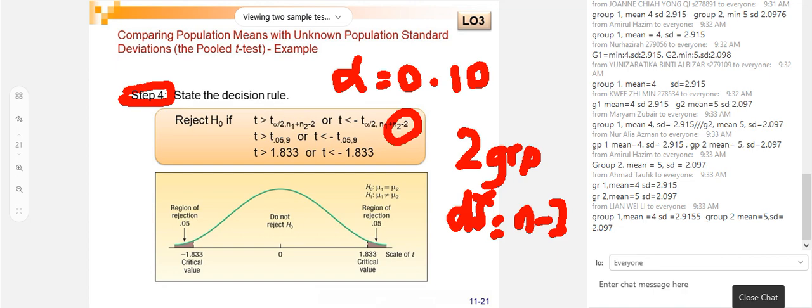So now kita cuba lihat, we look at the T table. Boleh kita minta tadi Yuni Zaratika? Ya, Doktor. Okey, tengok dekat T table, buka dekat Google. Sekejap.